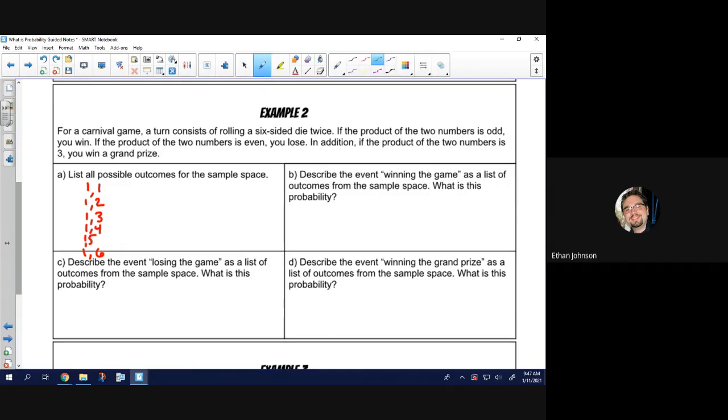And that's all the options if our first die was a 1. Well, what if the first die was a 2? Well, the second die could be a 1. You have a 2, then a 1, 2, then a 2, 2, then a 3, 2, then a 4, 2, then a 5, 2, then a 6.